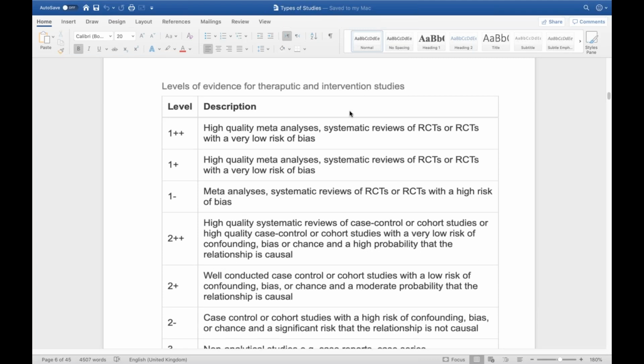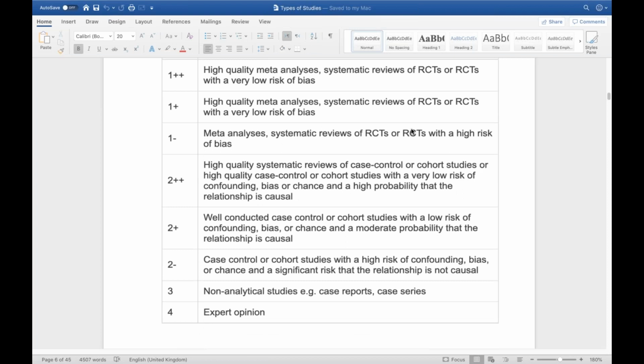The classification used by the Royal Colleges, or the Oxford classification, or the NICE classification, not every institute but most institutes have their own classification. And sometimes when you read hospital policies, they have another classification. So it is confusing, I agree with you.